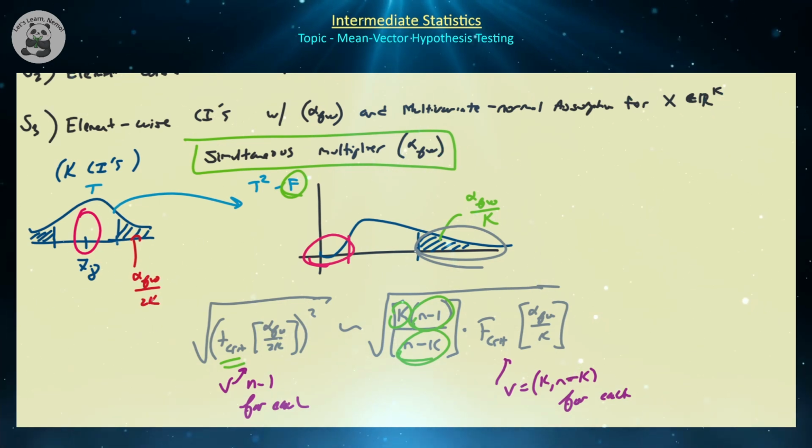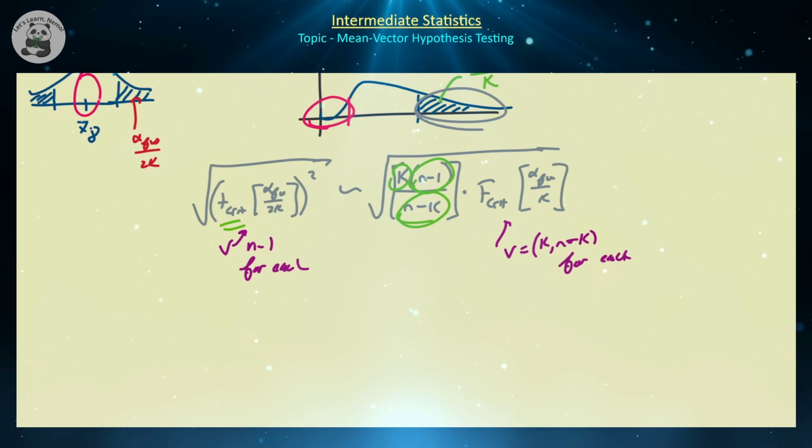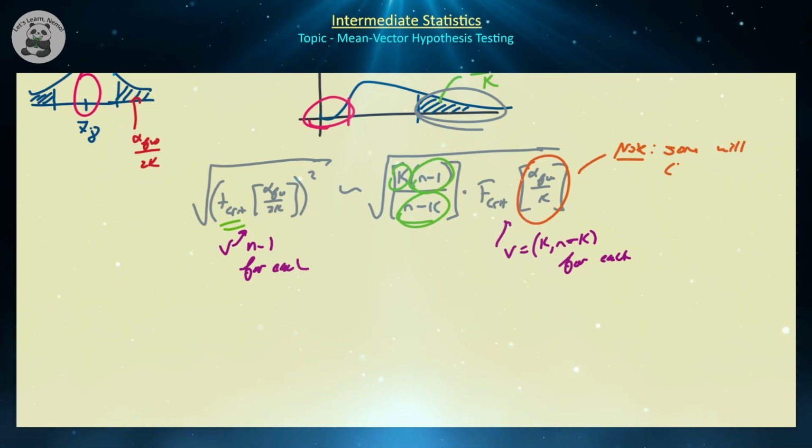Now, one thing that I want to mention is that some people will actually change this. So note, some will choose this alpha fw over k to just be alpha fw.